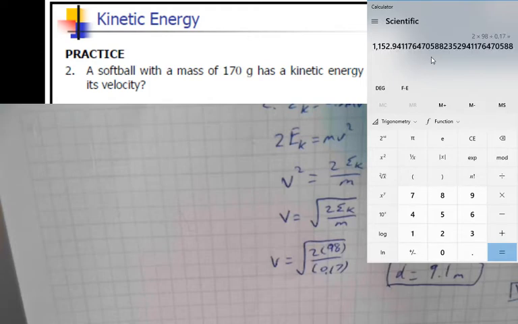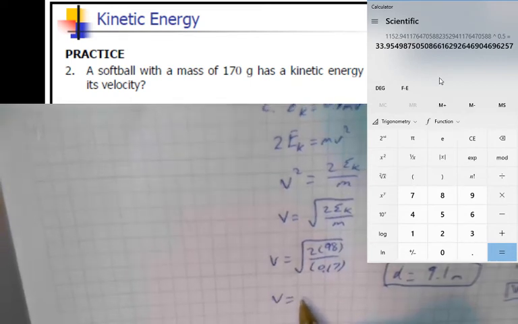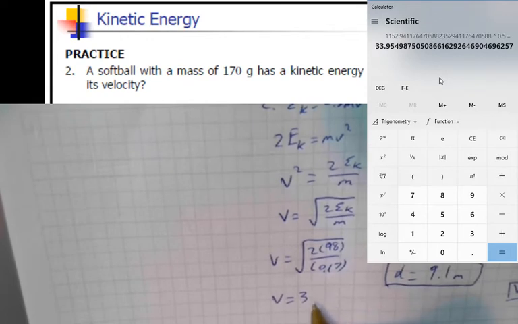We have this value underneath our square root, so now let's square root that. I'll raise it to the power of 0.5, which is equivalent to a square root. And we get 33.95, which, because we have two significant digits, would round to 34 meters per second.